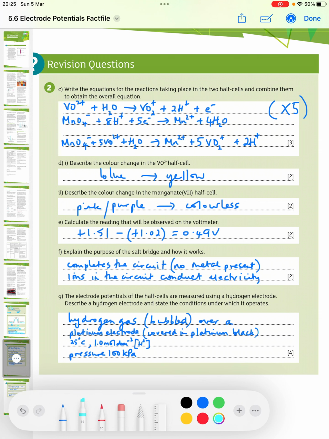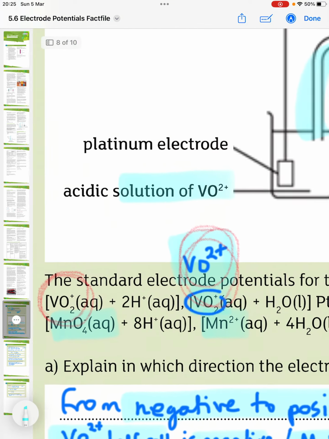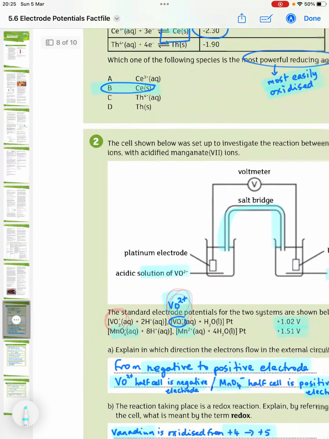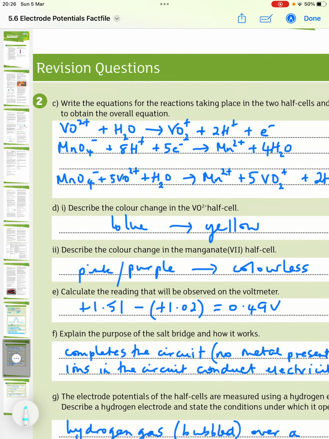Number 2, write the equations for the reactions taking place in the two half cells and combine them to obtain the overall equation. So you're just looking back at what you can see here, and then writing those as little equations. We've got VO2+ and H2O going to VO2+ and 2H+ and an electron, and then the manganate, MnO4 minus plus 8H+ plus 5 electrons gives you Mn2+ and 4H2O.